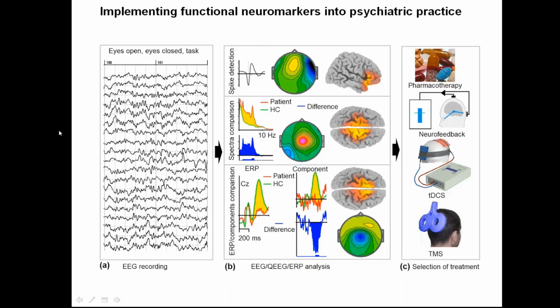The next step would be to use clinical EEG. The first thing would be finding spikes, finding a focus in the brain. We're mostly looking at the spike slow wave complexes, which are generated by cortical foci.